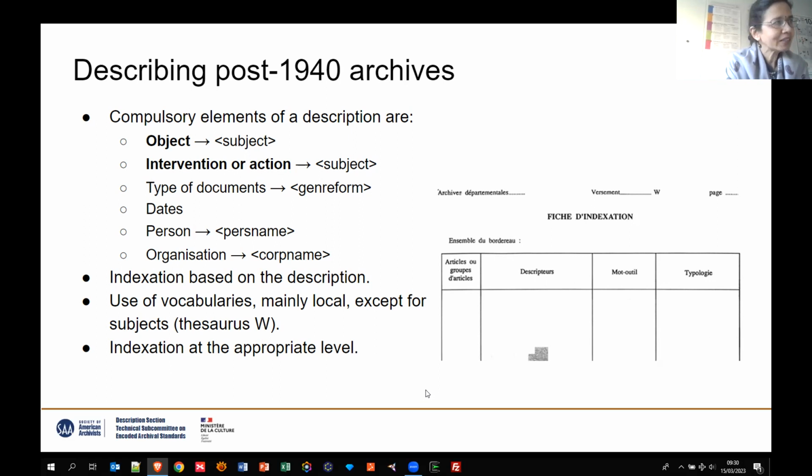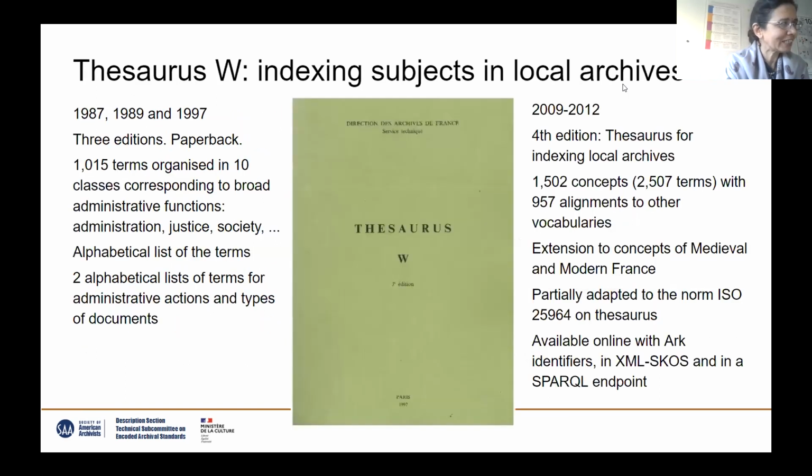The principles issued in the 1960s were recalled, and this led to the publication of the National Thesaurus for Subject in 1987. This thesaurus, called very fondly by French archivists Thesaurus W, was meant only to index local contemporary administrative archives.